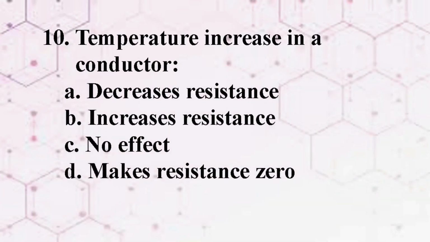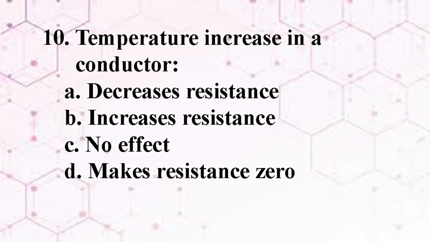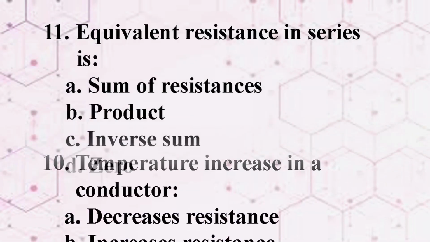Question number 10. Temperature increase in a conductor: A decreases resistance, B increases resistance, C no effect, D makes resistance zero. The correct answer is B increases resistance.